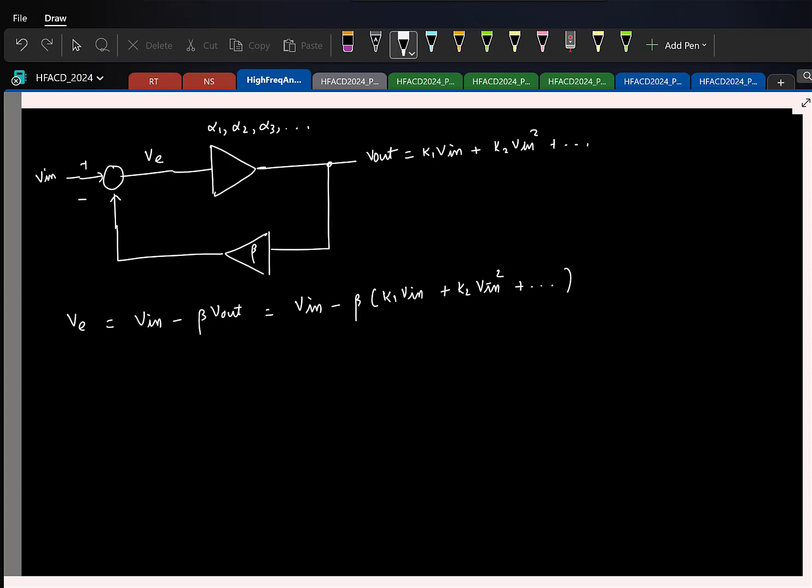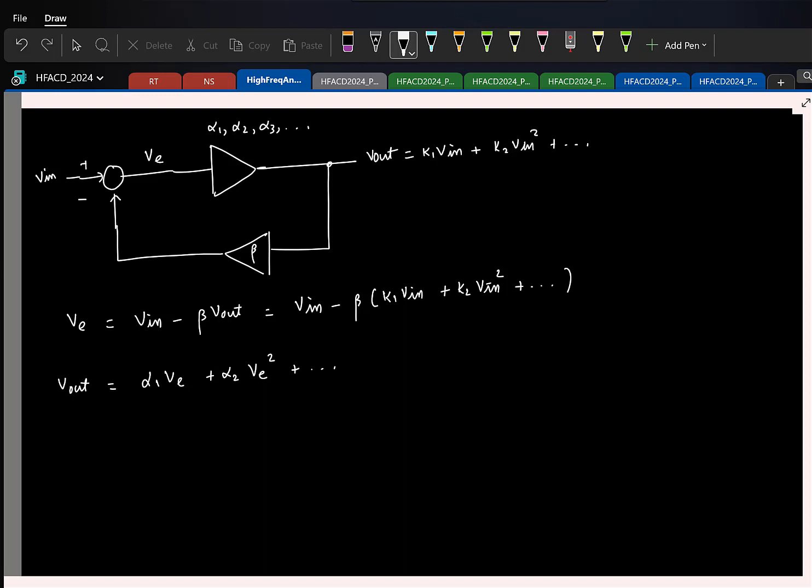Now I found VE. What is the relation between V out and VE? VE is the signal fed to the nonlinear amplifier, and the coefficients are these. So what is V out? Alpha 1 times VE plus alpha 2 VE square, and so on. I'll write only two terms for simplicity.